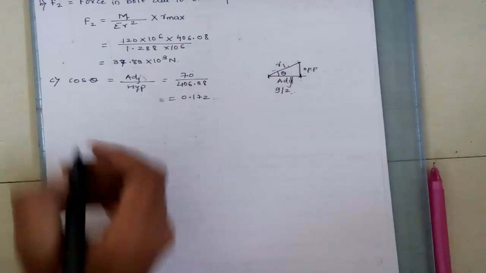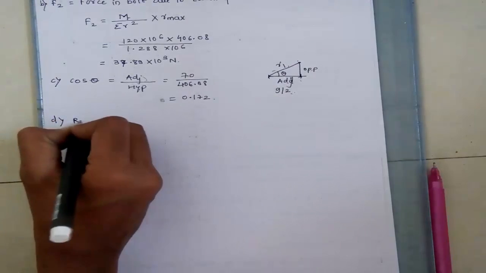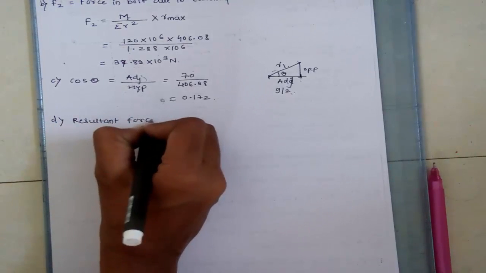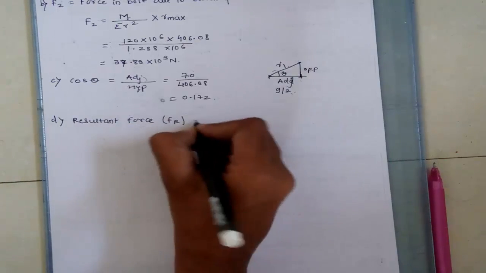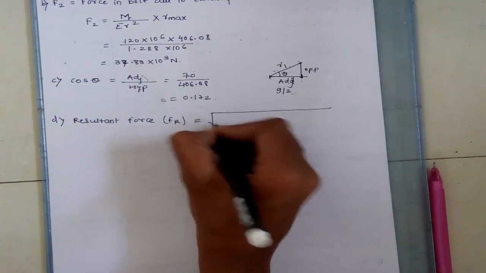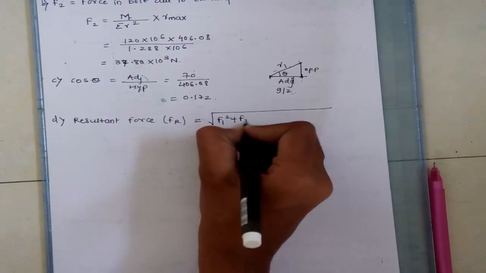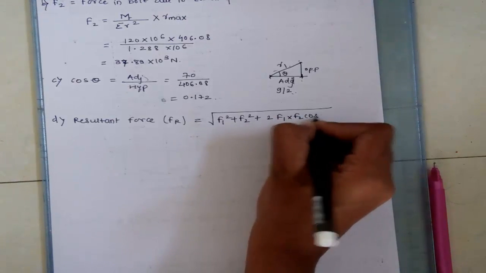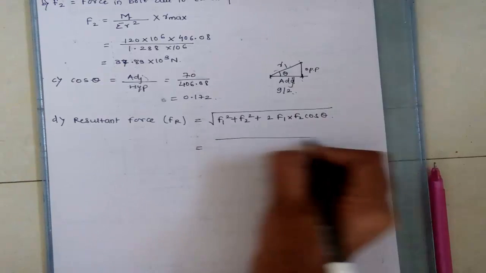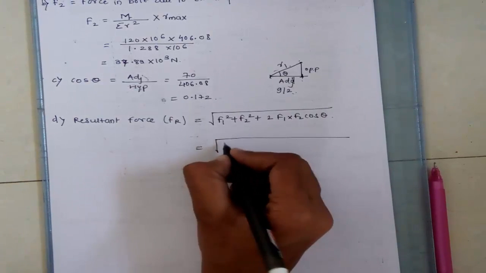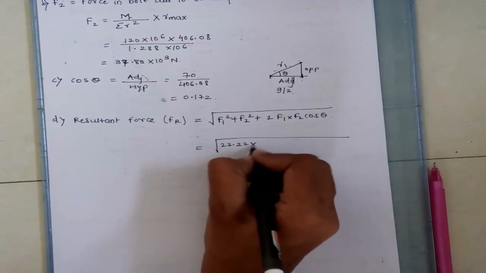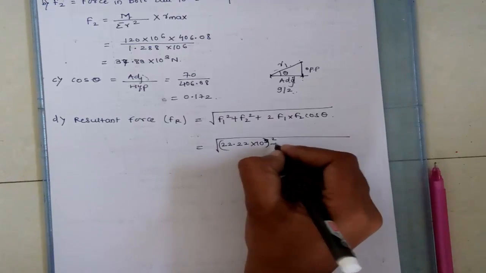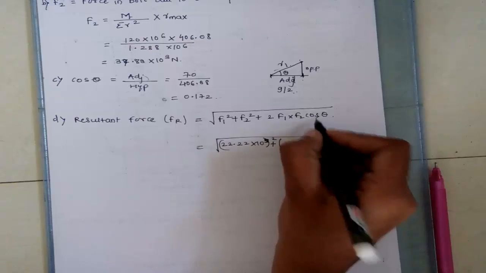Okay, the next one is D equals resultant force. We have to calculate the resultant force also, that is Fr. For that, we know the formula: under root of F1 square plus F2 square plus twice F1 into F2 cos theta. We know the value of F1, that is 22.22 into 10 to the power 3 whole square. We already calculated the values of F1, F2 and cos theta.